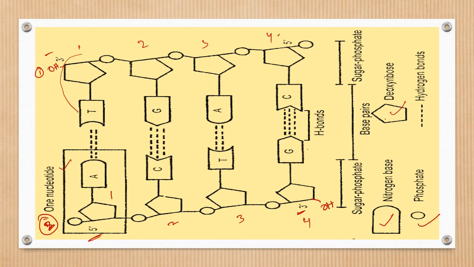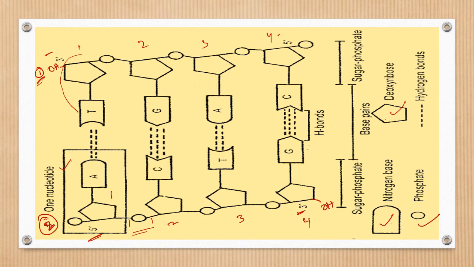Each two nucleotides are joined by linkages called phosphodiester linkages, present between the nucleotides in a polynucleotide chain. Now the two polynucleotide chains, chain 1 and 2, are joined by hydrogen bonds.